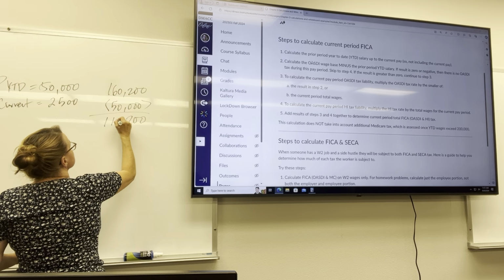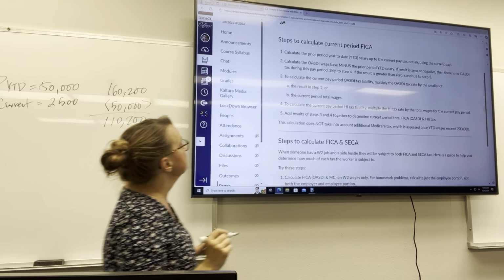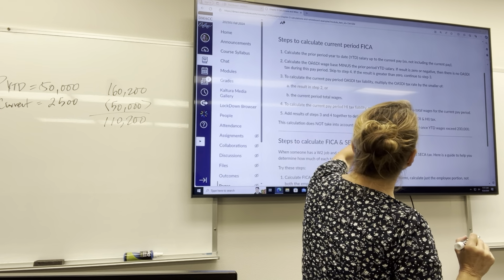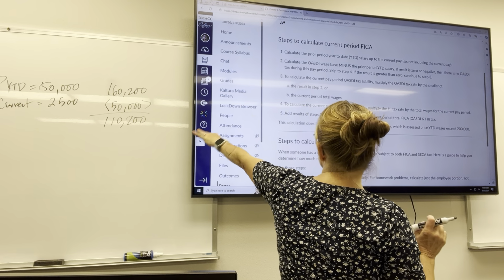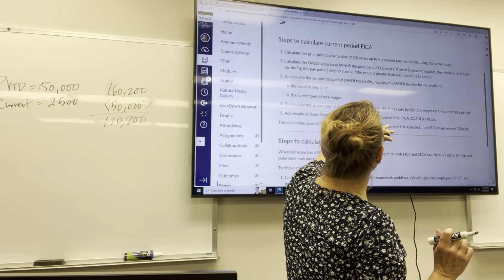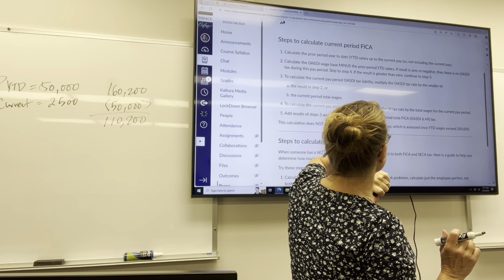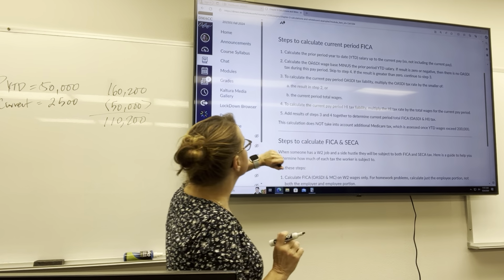And was it 110,200? All right. If the result is 0 or negative, there is no OASDI tax during this pay period. Well, it's not 0 or negative. If the result is greater than 0, continue to step 3.